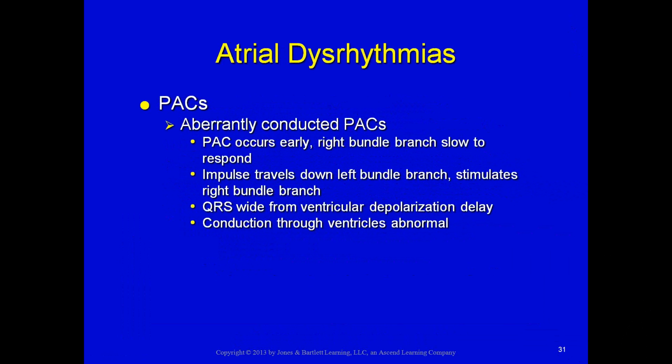Now, aberrantly conducted PACs: aberrancy means that the electricity takes an alternate route. With aberrantly conducted PACs, the PAC occurs early, but the right bundle branch is slow to respond. So the site in the atrium fires prematurely.